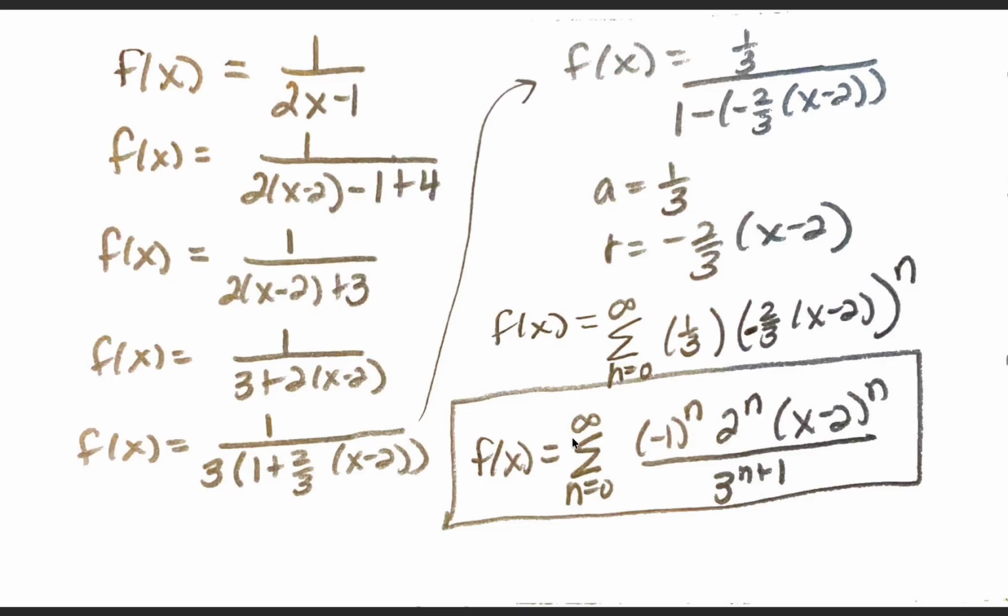To put it in a simpler way, we can write it as negative 1 raised to the nth power times 2 to the nth power times x minus 2 to the nth power. And then we put the denominator as 3 to the n plus 1 power. And that's it for our final answer, the power series that is centered at x equal to 2.